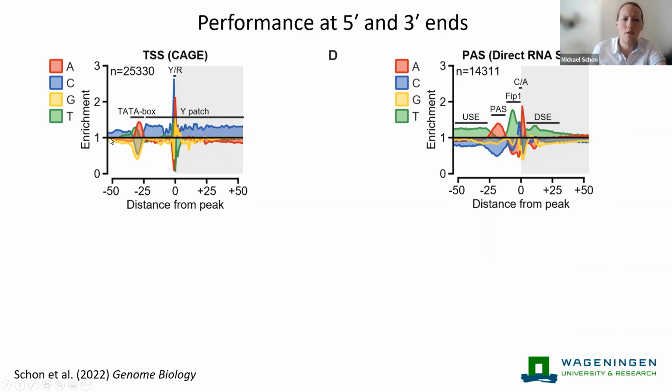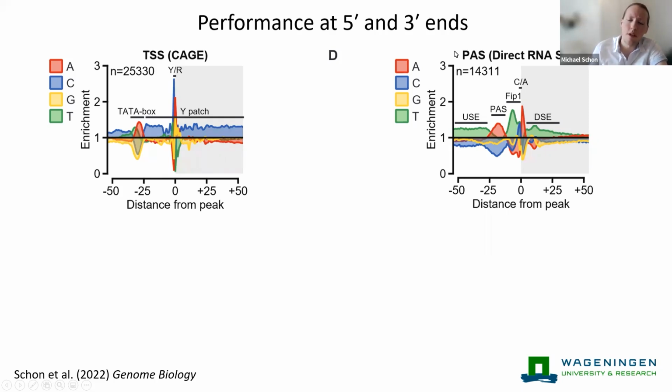And I'm showing the nucleotide enrichments, so C in blue and then A, T, G. And we see that around known transcription start sites defined by CAGE, we have very characteristic motifs of Arabidopsis transcription start sites, including the TATA box, which is universal in eukaryotes, and then the pyrimidine-purine motif at the +1 position. And there's also this pyrimidine patch, the Y patch, that's shown as an enrichment of C.